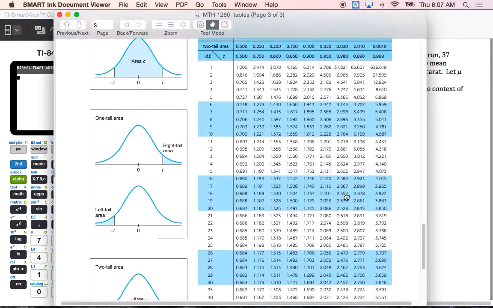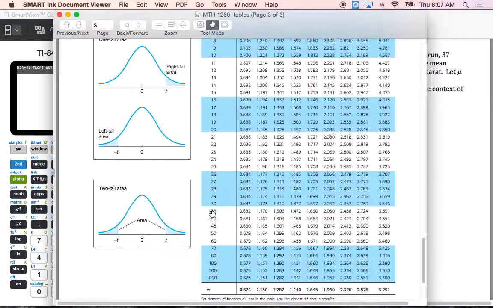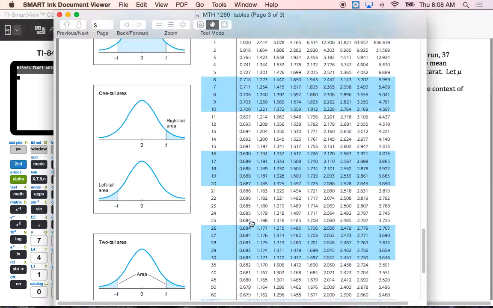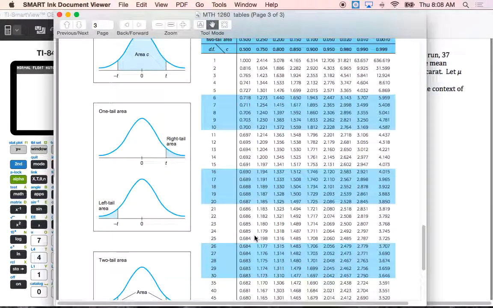If I go to my table here, 36 is not listed. Remember, you have to go lower, not higher. So you want 35, and we're looking at that 95%. So it looks like we are 2.030.